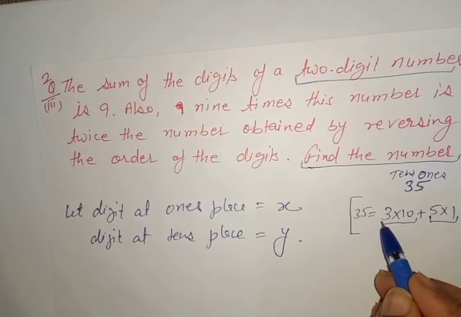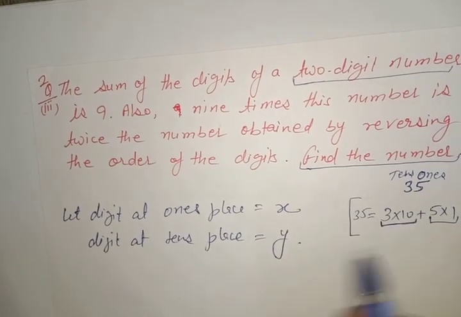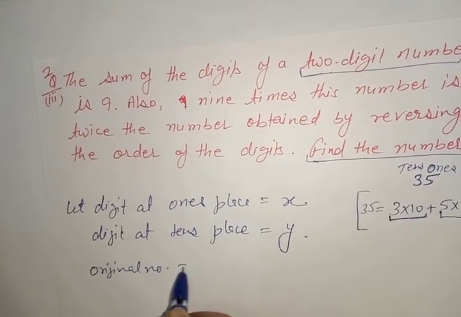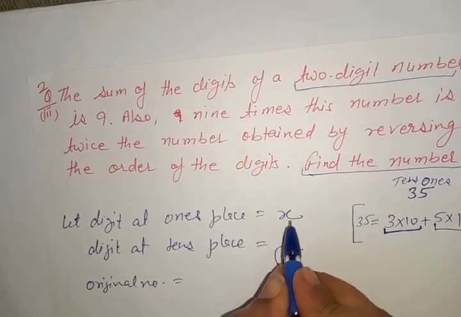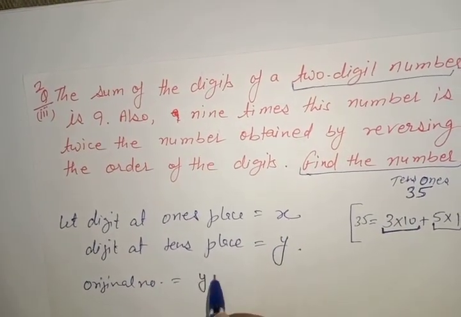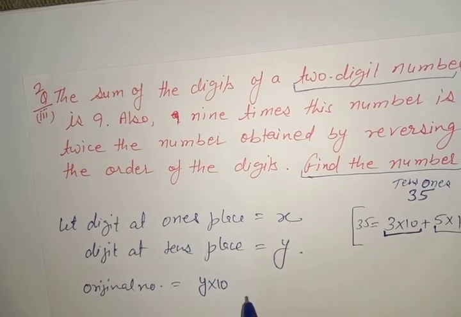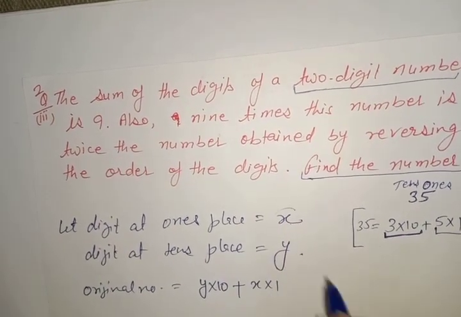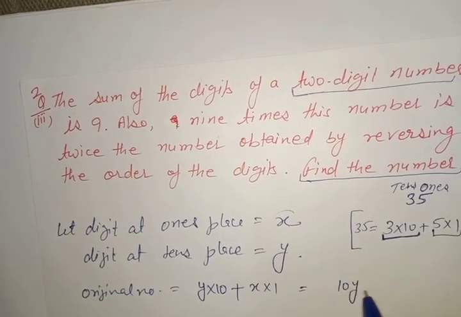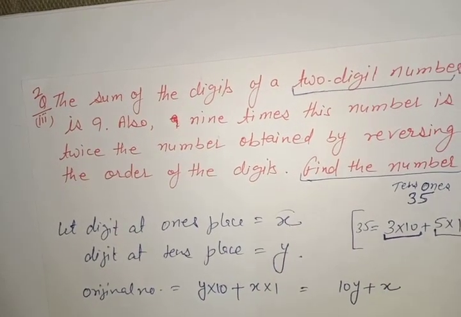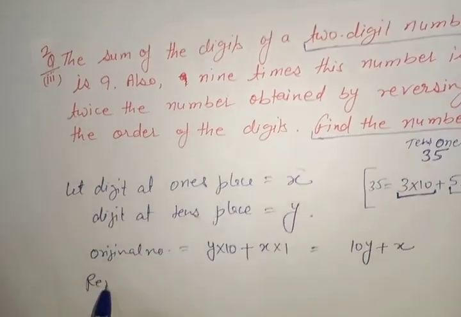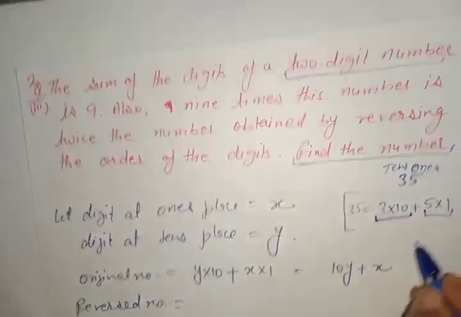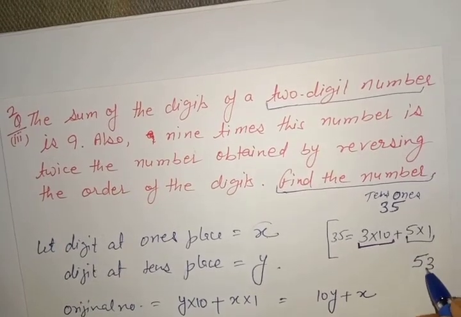As I explained just now, tens place means multiply by 10, then plus sign. Ones place means multiply by 1. So finally what I have got? 10y plus x. Now the reversed number. Reversed number means this 35 can be written as 53.